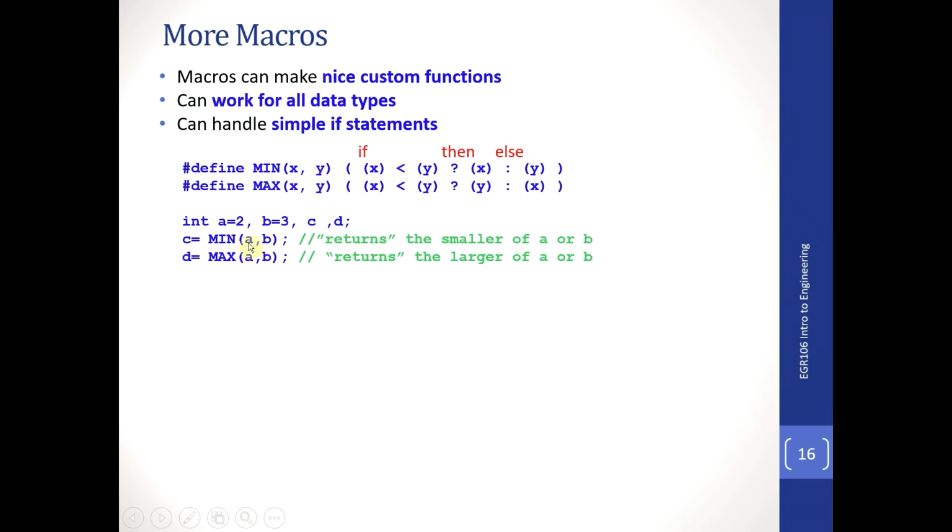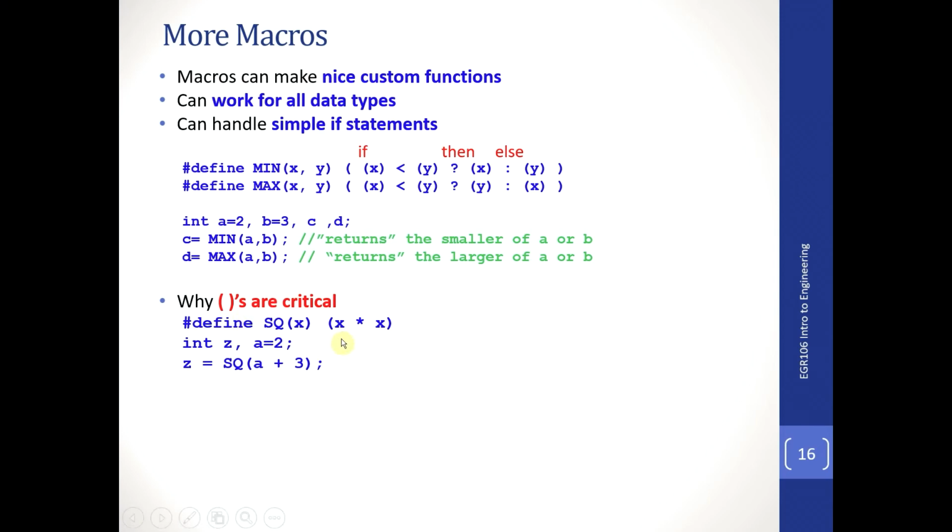It's going to return, because I'm running min, the smaller of A and B. So this is going to say, okay, A is X, A is 2, B is Y, and B is 3. So if 2 is less than 3, then return 2. So this would return 2 and store it in C, and this would return 3 and store it in D.